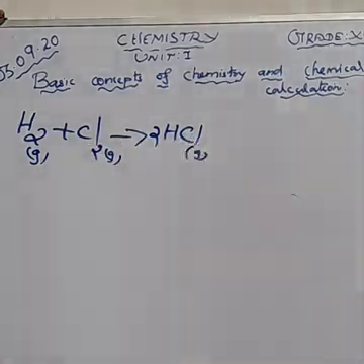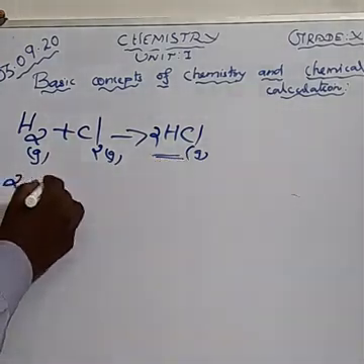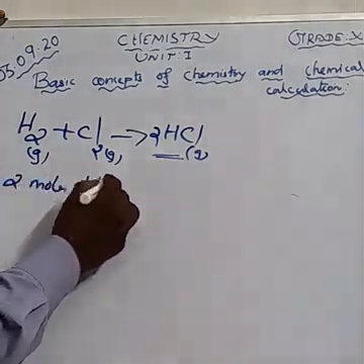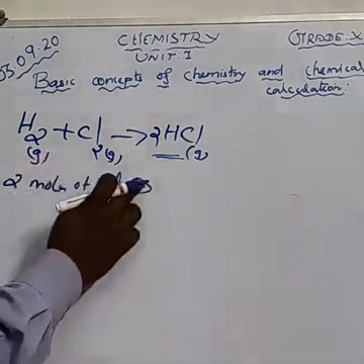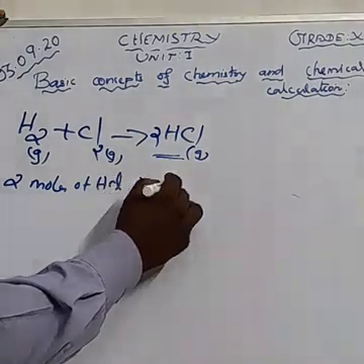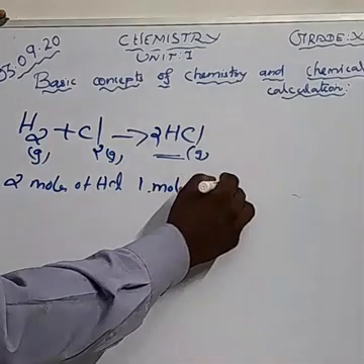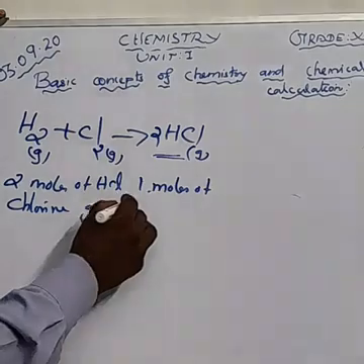As per the stoichiometric equation, under the given condition, we can produce 2 moles of HCl, for which 1 mole of chlorine gas is required.